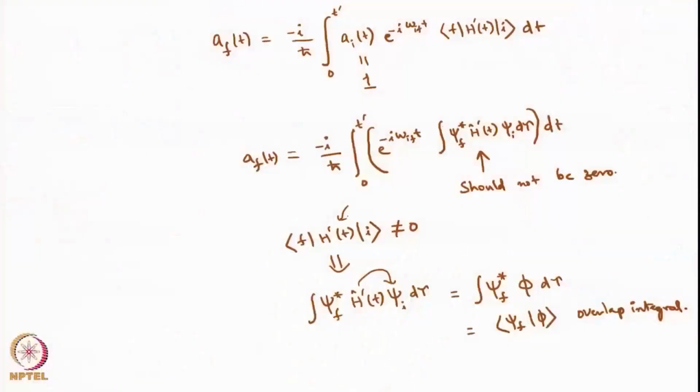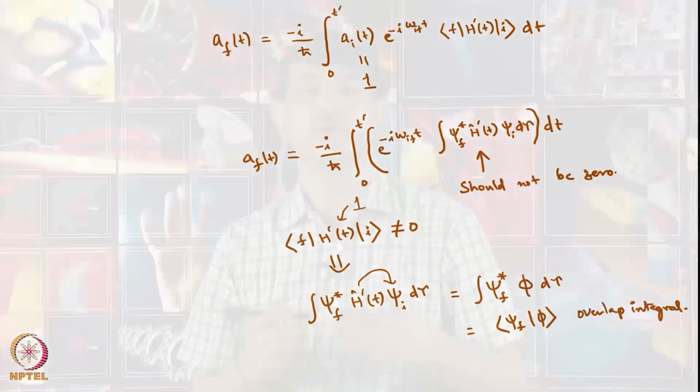Okay. So, that is the most important point in spectroscopy, that the perturbation operator should be able to take your initial function and project onto the final function. Otherwise, let us suppose this is just an operator 1 or identity operator, then f will project onto i, and because f and i are solutions of the time independent Schrodinger equation, they will be orthogonal and it will go to 0.